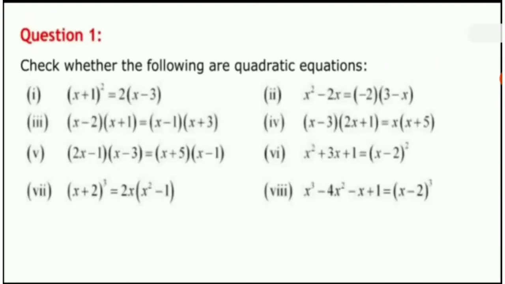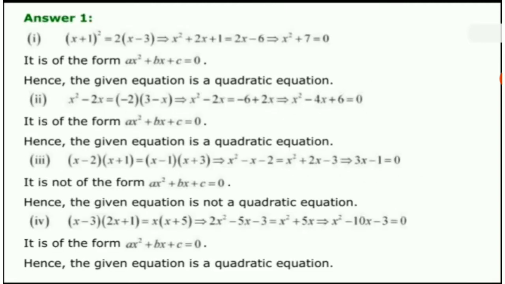Next one, number 2. x square minus twice x equal to minus 2 into (3 minus x). So solution. So x square minus twice x equal to minus 2 into (3 minus x). So this is x square minus twice x equal to minus 6 and minus minus plus twice x.